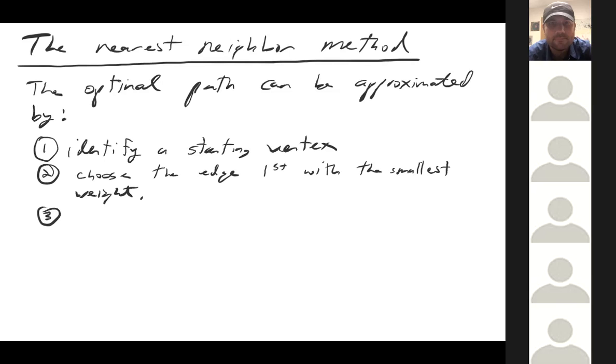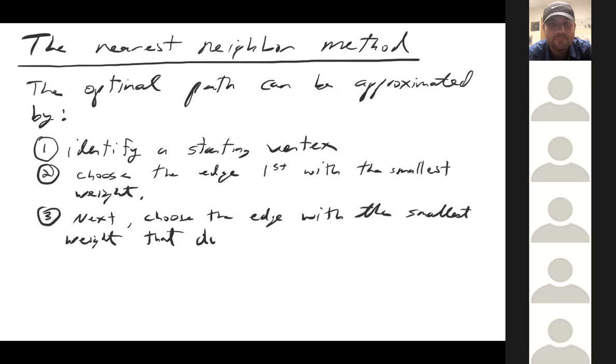Second, next, choose the edge with the smallest weight that doesn't take you to an already visited vertex.